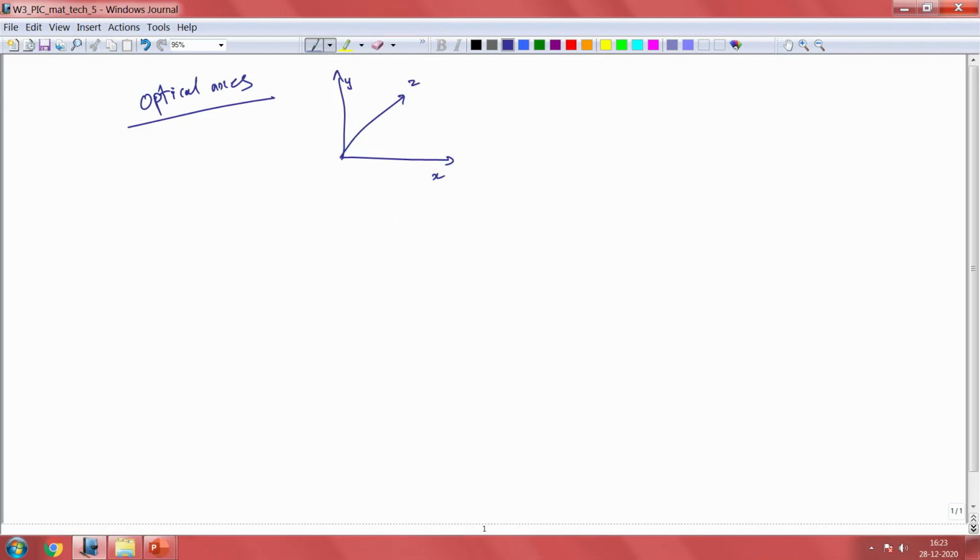For example, you could have a system where nx and ny are equal, but it is not equal to nz, let us say. In this particular case, the material is anisotropic by definition. The reason for that is that not all three are the same.